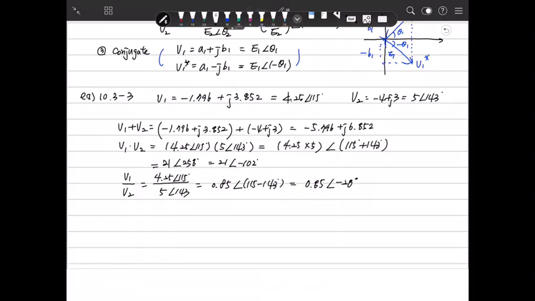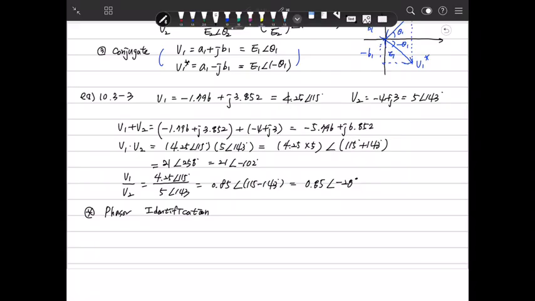So you need to remember phasor identification. That means when you say V1 and V2 are the same, what condition must be satisfied?